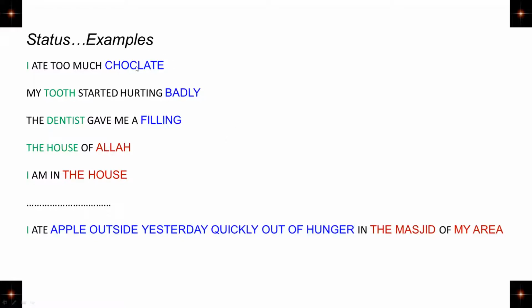Nasb status are the victims or the what, when, where, how, why answers of a statement, whilst the jar status is only related to possessive words as well as words after harf of jar. We'll go for a short break, inshallah, and when we come back, we'll continue our discussion of ism and the status of an ism. Please stay on. We'll be back shortly in the next 5 minutes, inshallah. Assalamu alaikum.